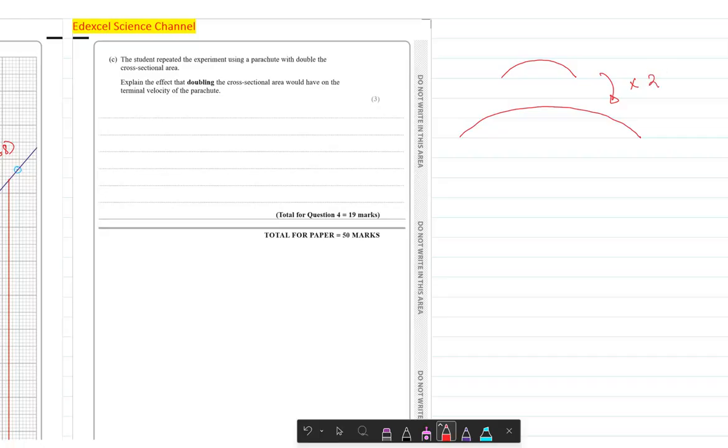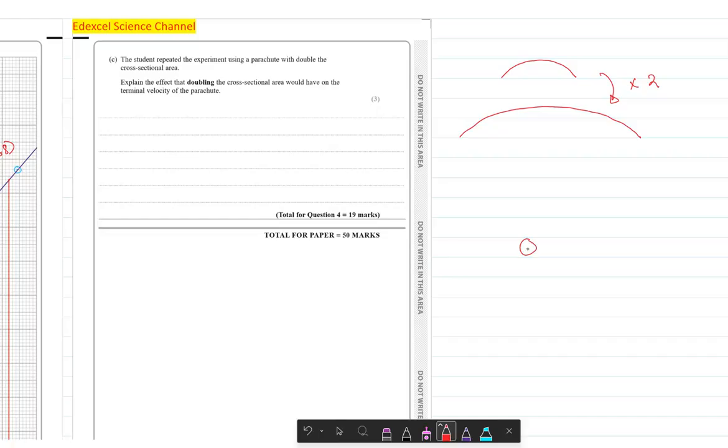So if your area increases, that means the drag will be higher, right? So it will take less time for the drag to become equal to the weight.